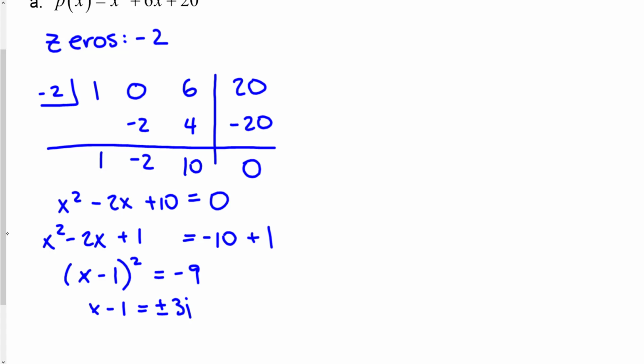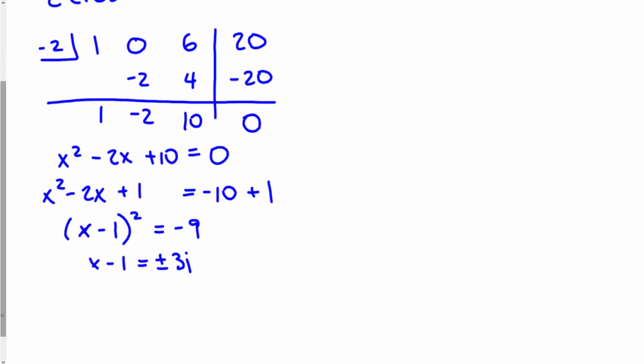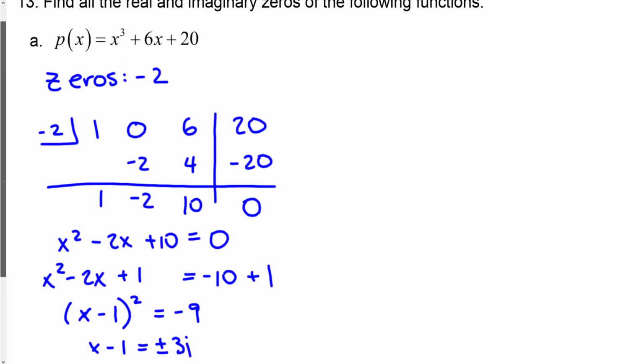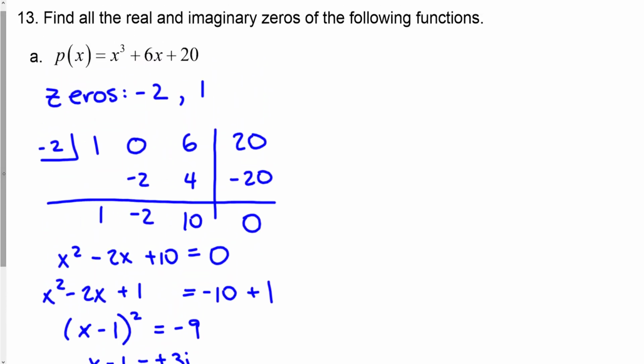And then, of course, because it's a -9, you need to account for that with the factor of i. And when you add 1 to both sides, we get x equals 1 plus or minus 3i. So the remaining 2 zeros are 1 plus or minus 3i.